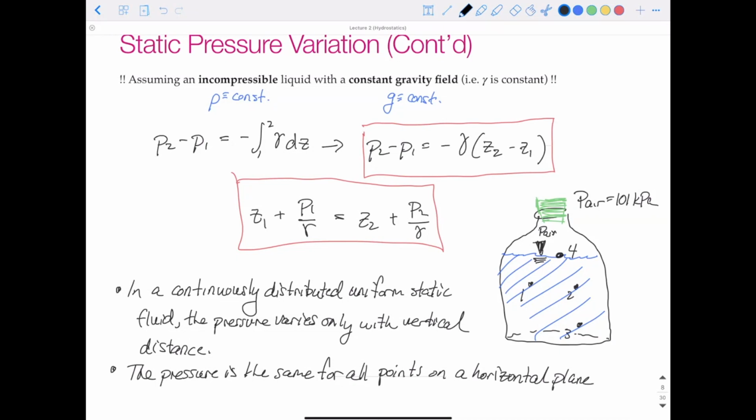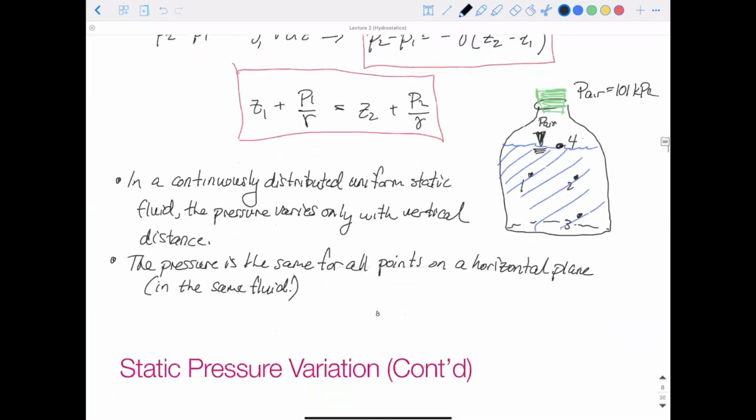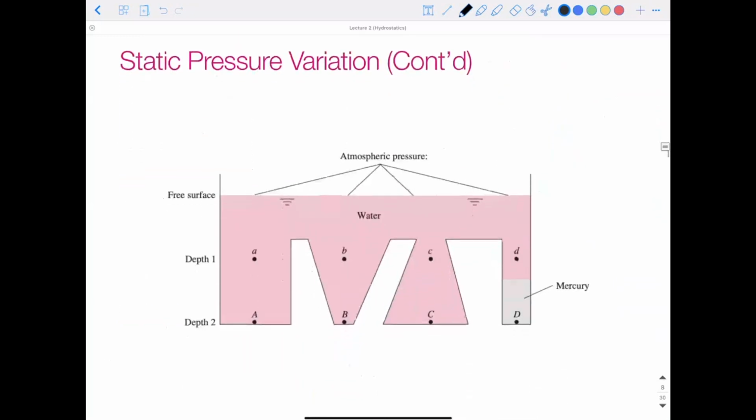And a caveat here is this is in the same fluid. So that's if the fluid isn't changing. So let's sort of look at a concept here.